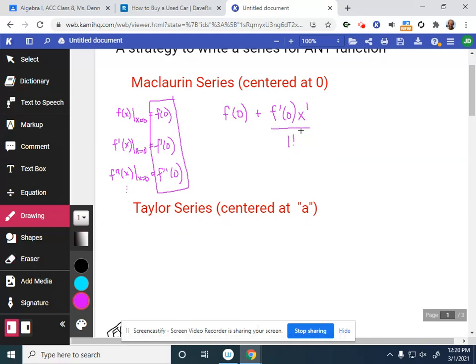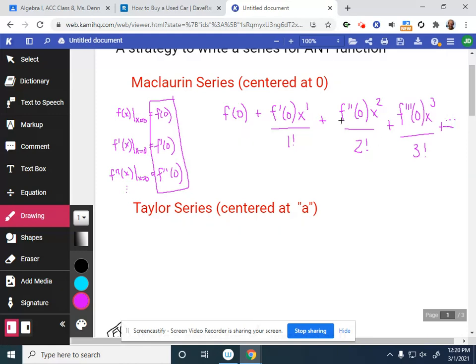The next term is going to be the second derivative of f at 0 times x squared over 2 factorial. The next term is going to be the third derivative of f at 0 times x to the third over 3 factorial. And so on, and so on.